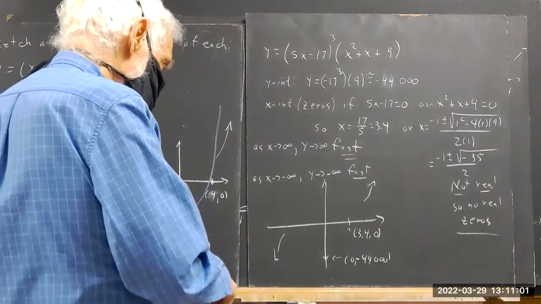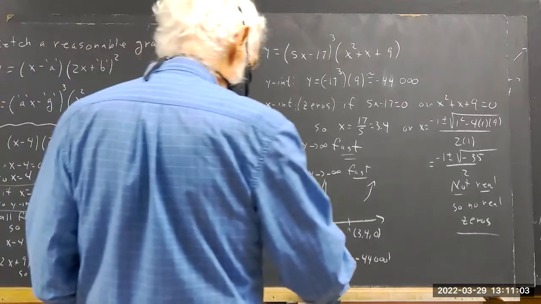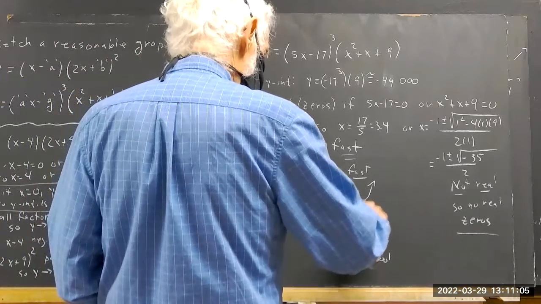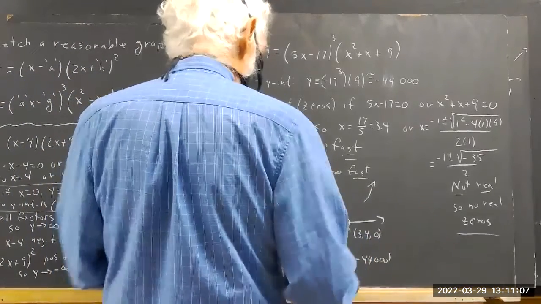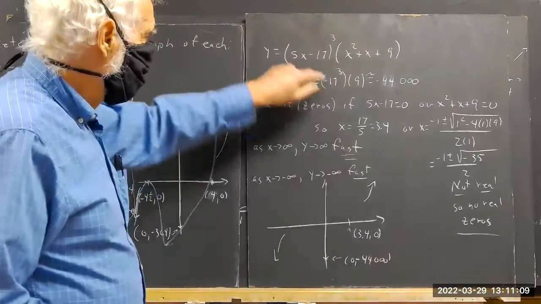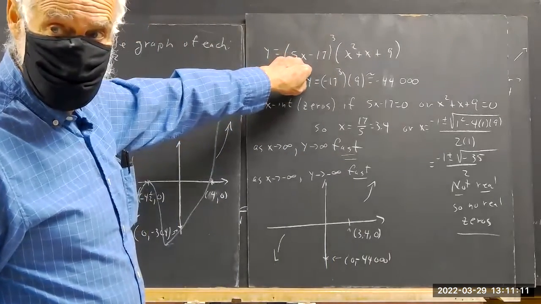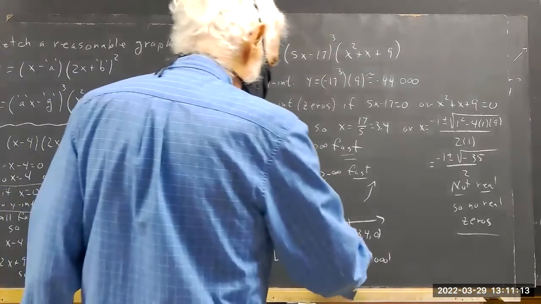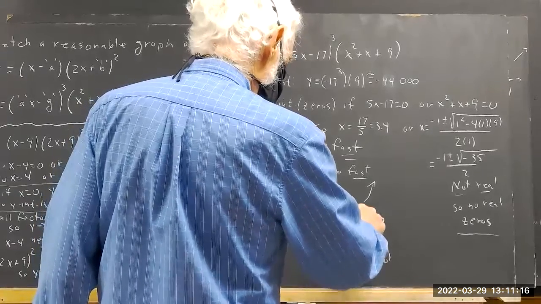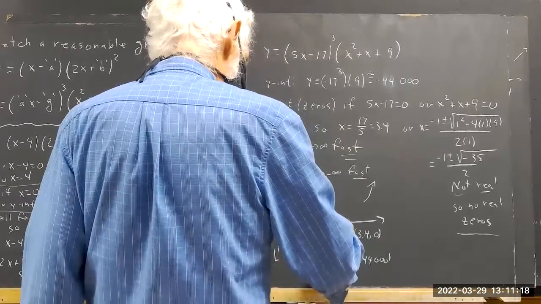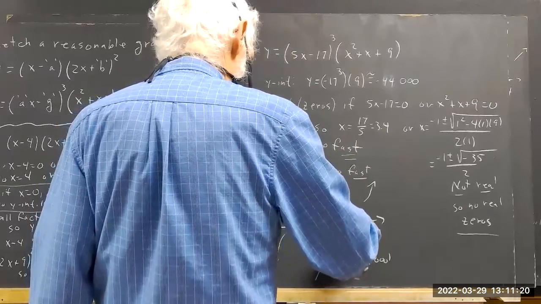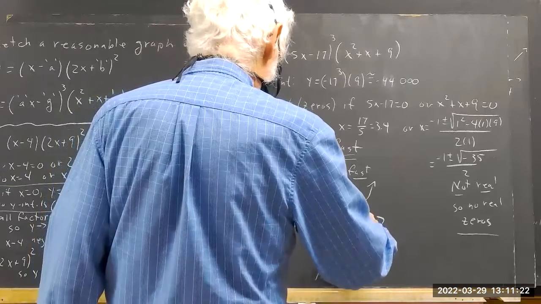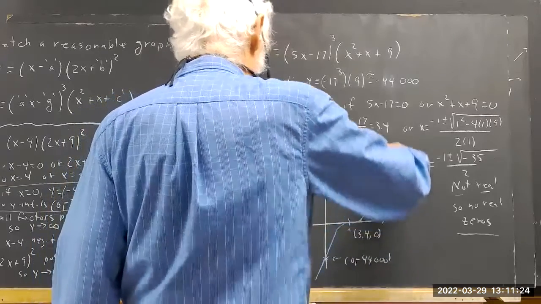So that means it comes up from way down here, goes through this point, and then it goes up and it's positive. But when it goes through this point, it acts like the x cubed graph. So when it comes up here, it's got to level off before it goes back up. It's going to come up really fast, and it's going to then kind of level off, and then it's going to go back up.